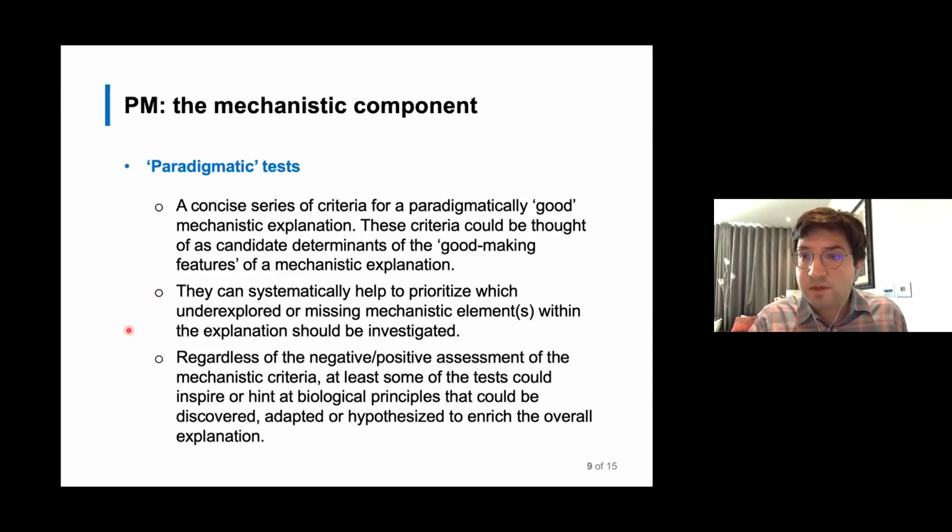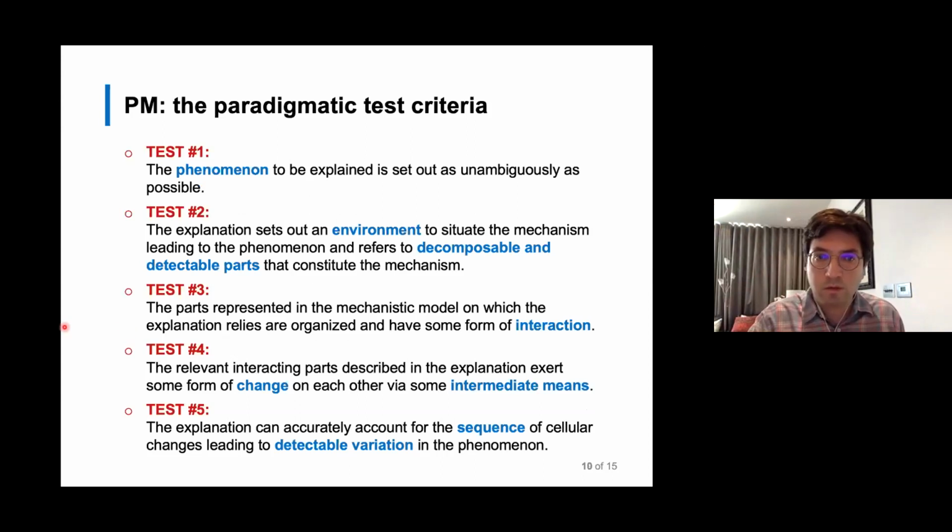And some of these tests, regardless of whether the explanation that we are testing against fails or passes, each one of these tests can also hint at one or more principles that could be posited related to those elements in each test. So just briefly, these are the outlines of what the 5 tests in PM entail.